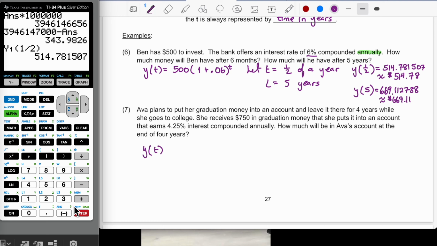Y of t, starting off with $750, 1 plus 0.0425 to the t power, and we're just evaluating it for when t is equal to 4. And since it's only one computation, you may consider just typing it in straight away.